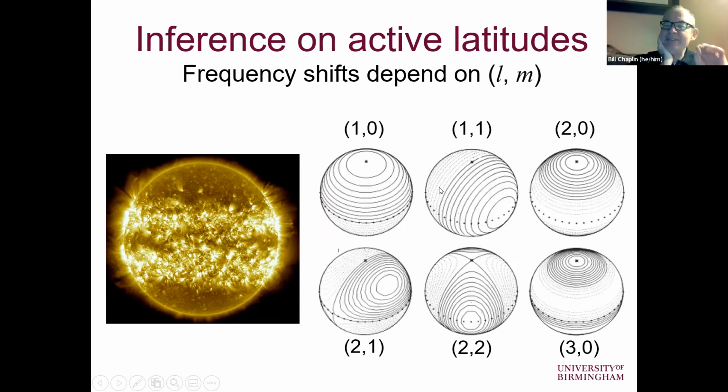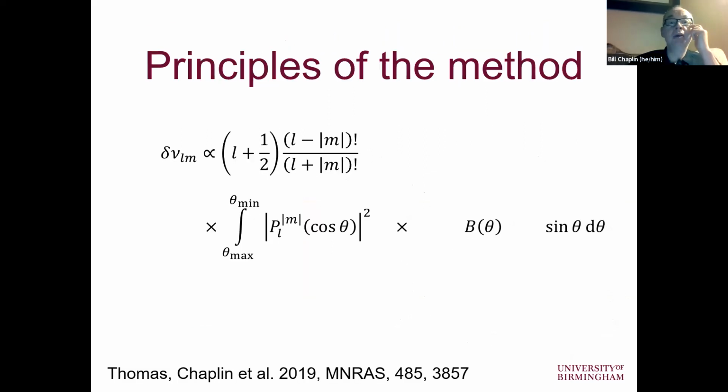So there is some spatial sensitivity in these modes, and if we can actually measure the frequency shift over time in these modes of different angular degree, it in principle gives us some sensitivity to the latitudinal dependence of the activity. So I think it's the only slide I have with an equation on.